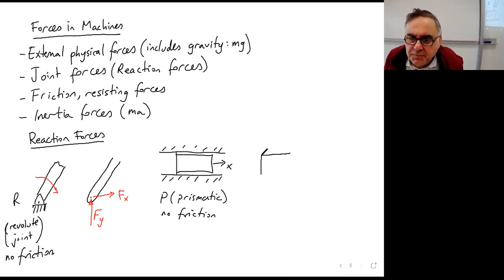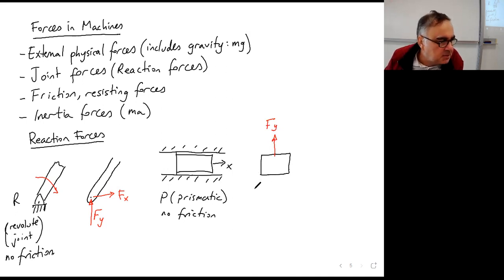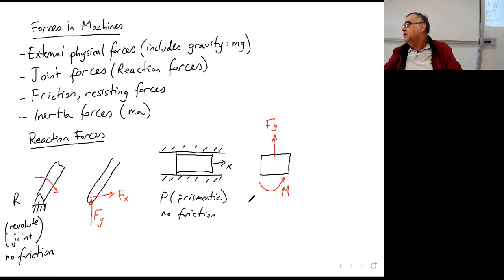So if you draw the free body diagram without the joint, the forces you have to apply to this joint are, well, there has to be a force preventing the Y motion, Fy, and there has to be a force that prevents the rotation, right? Like here. There has to be a moment effect because this prismatic joint prevents the rotation.